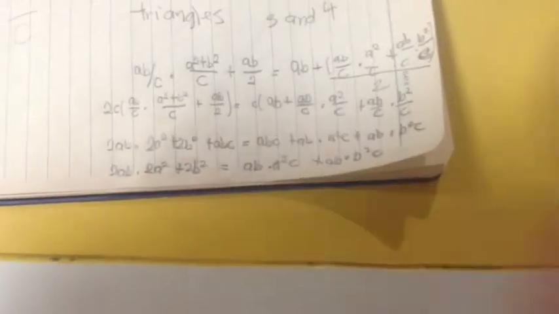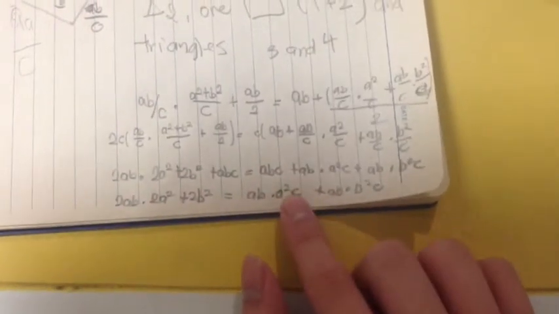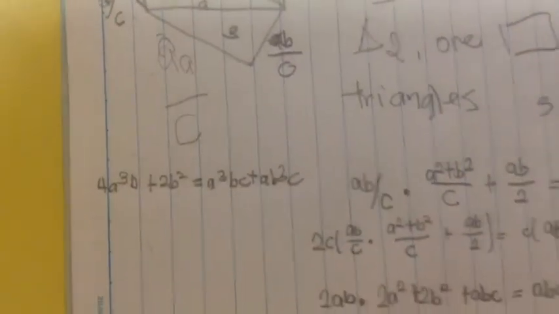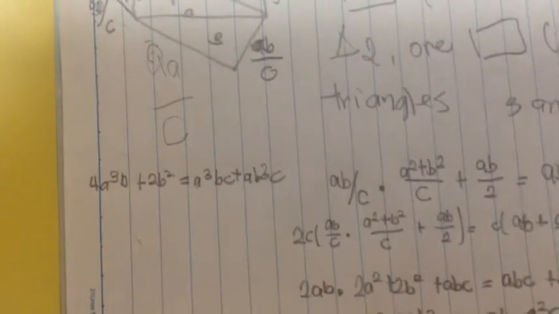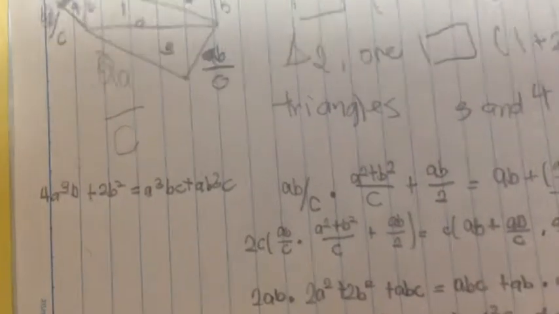Then we can still simplify this. First, we multiply these two and these two and these two, which results in A cubed B plus 2B squared equals A cubed BC plus AB cubed C.